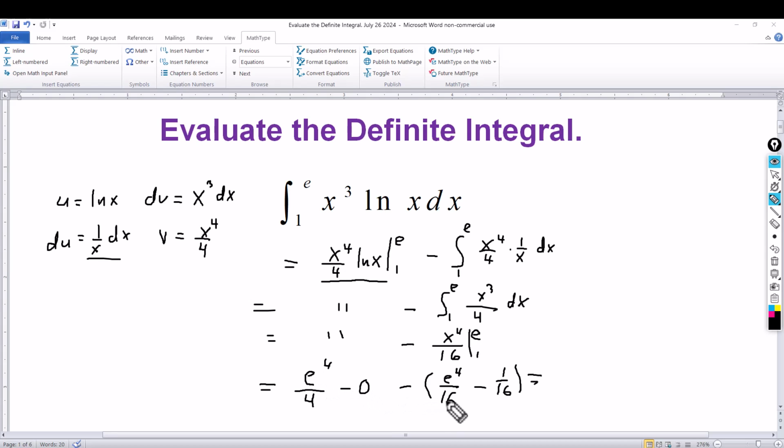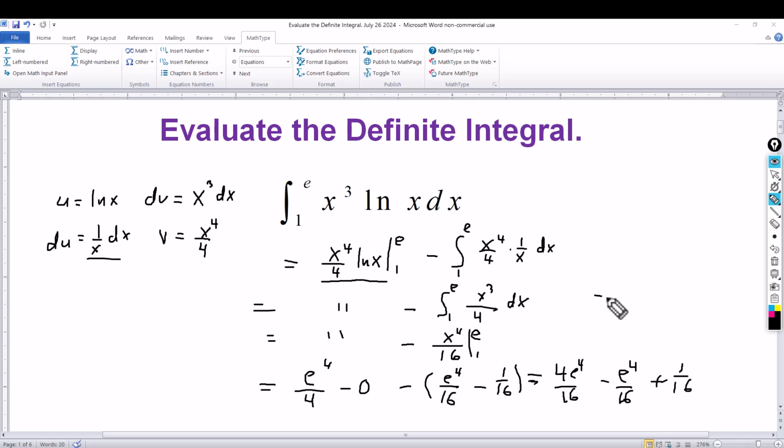Notice we have the denominator of 16, so let's multiply here by 4 and by 4. That'll give me 4 e to the 4th over 16, just finding your common denominator. 4 e to the 4th over 16 is the same thing as e to the 4th over 4. And then I got a minus, distribute the negative here, e to the 4th over 16. Minus there, so it'll be plus 1 over 16.